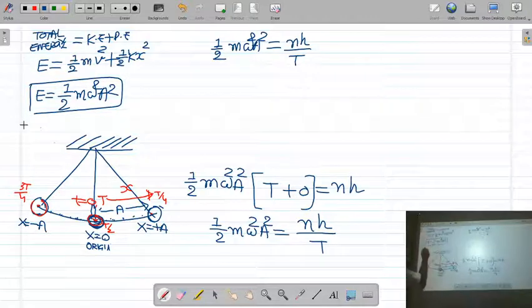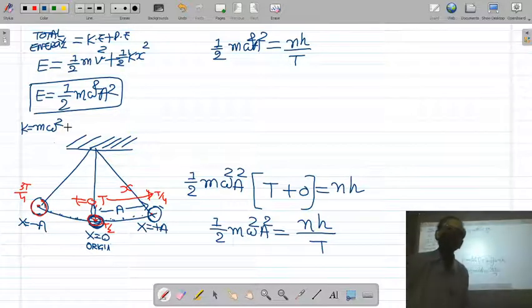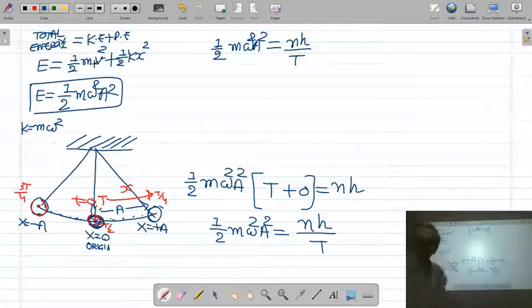In this calculation, please remember that the force constant k is m omega square. So actually you have to substitute three values: the velocity of the oscillator, a omega cos omega t; the force constant k, m omega square; and the displacement of the oscillator, a sin omega t.